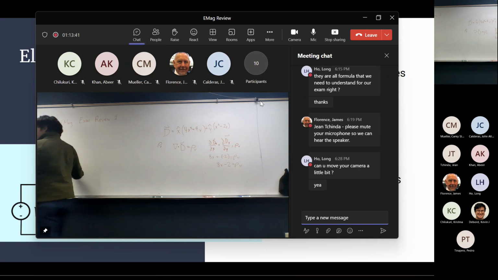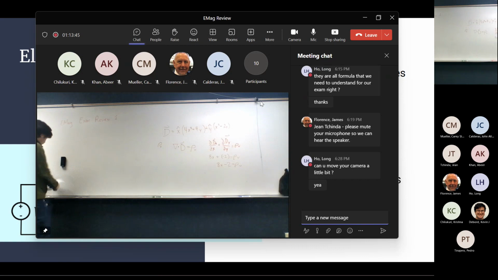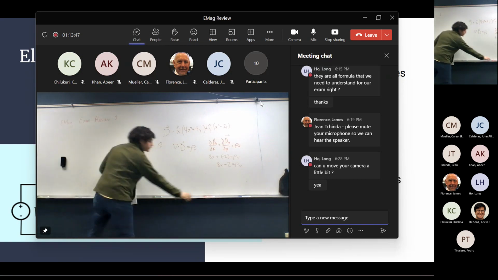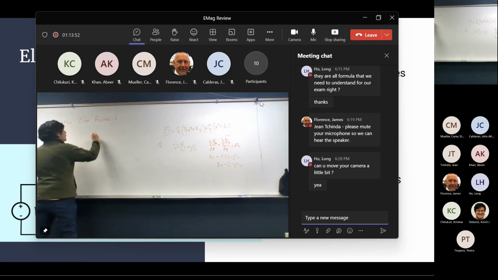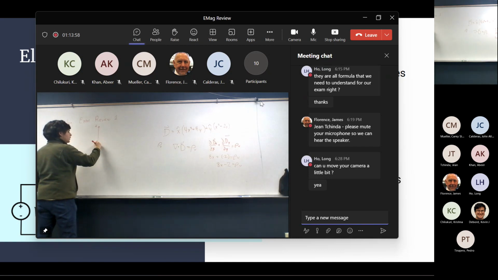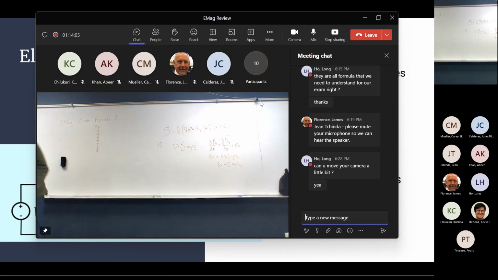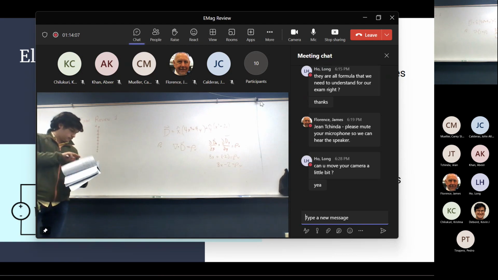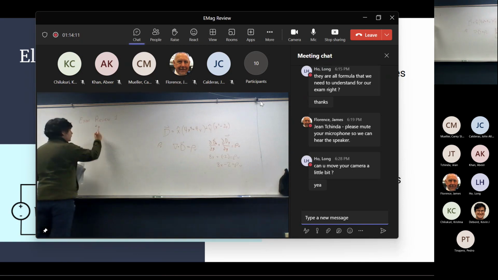So it'd be finding the electric field of an infinitely long line charge. All right, so Kevin wants to do a line charge. Let's do a line charge, infinitely long, of course. Let's think of the z-axis, and we have an infinitely long line with positive charge.